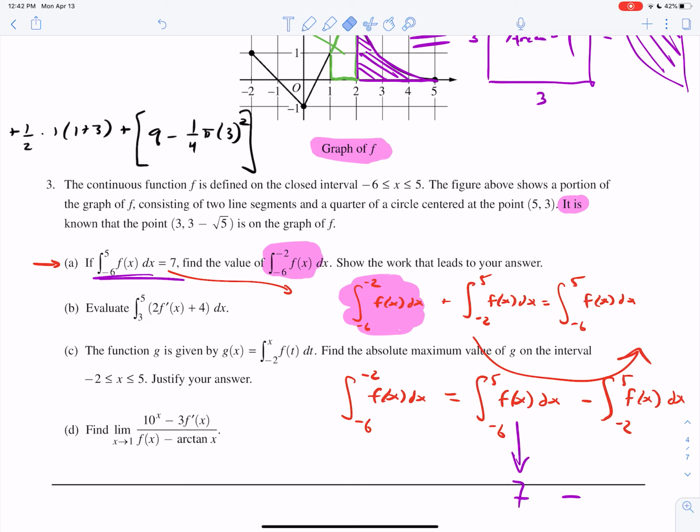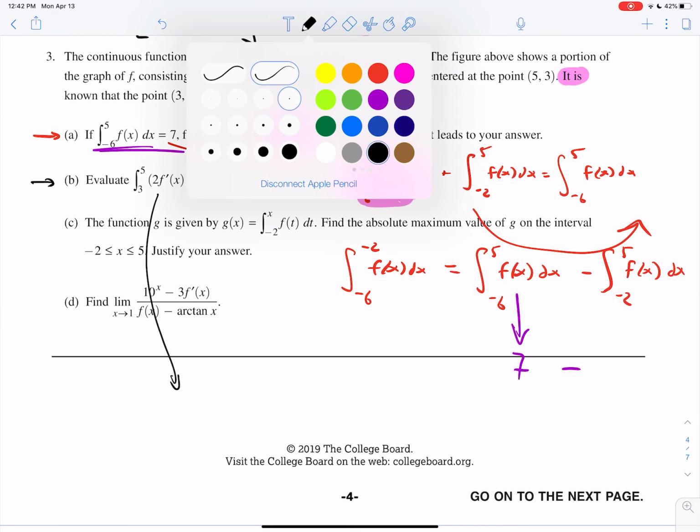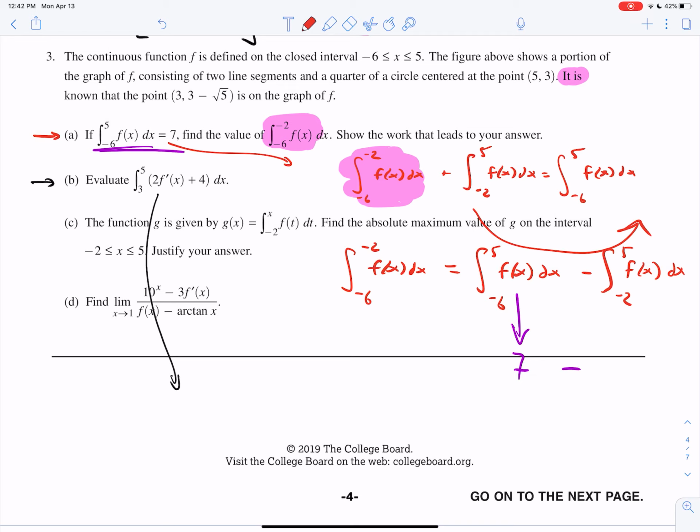Okay, here we go. Part B. They want us to evaluate the integral of 2f prime of x plus 4 from 3 to 5. Okay, so here we go. Right away, I'm going to rewrite it as 2 times the integral of f prime of x dx from 3 to 5 plus the integral from 3 to 5 of 4 dx.